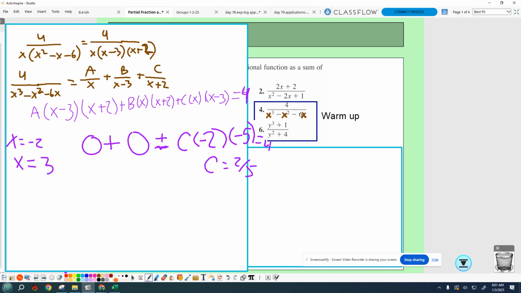Some are faster, some are cleaner, and some are faster and cleaner. By cleaner I mean you want to introduce fewer mistakes. So plugging x in for 3, everything drops out but the b, and b is 4/15, okay?